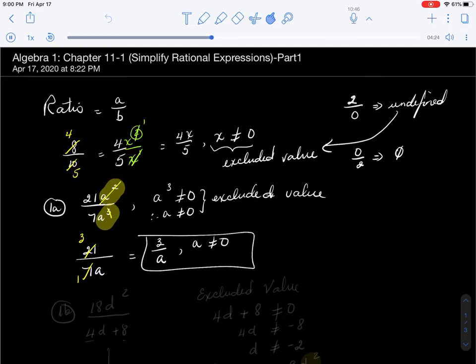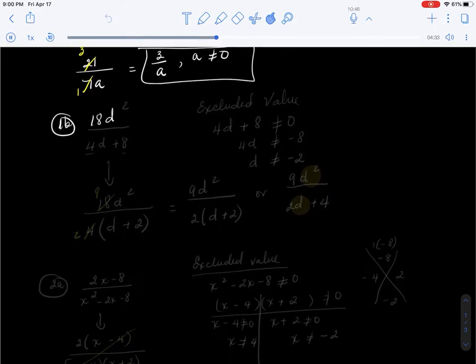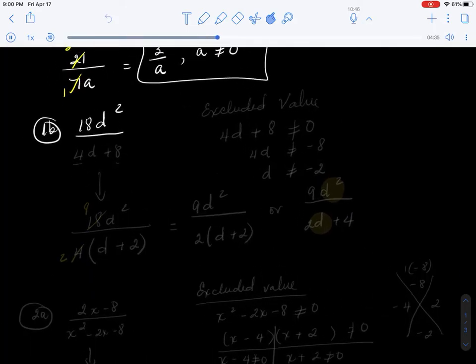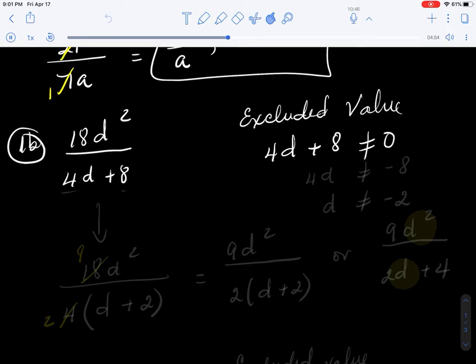Let's take 1b. It's given to me that 18d squared over 4d plus 8. Let me get the excluded value out. Remember, I don't want the denominator to be 0. 4d plus 8 cannot equal 0.